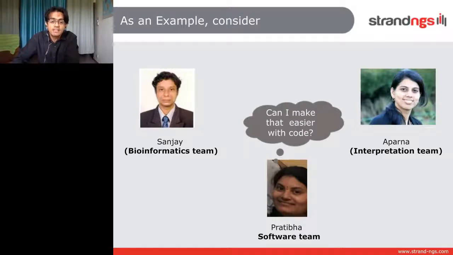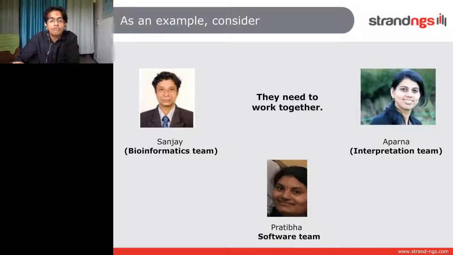So you see that these team members are all asking different questions, but they kind of need to work together. They need to collaborate. And a lot of the work of each of these team members depends on the work of the other member.